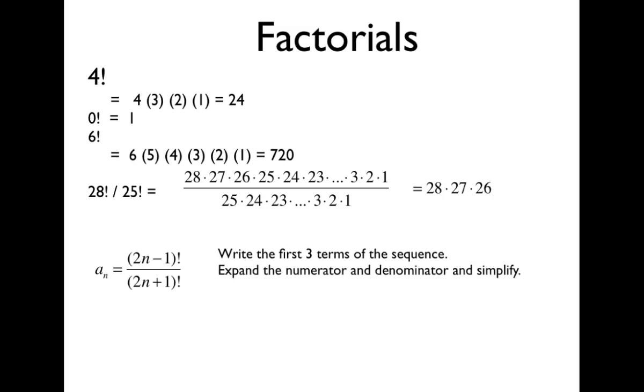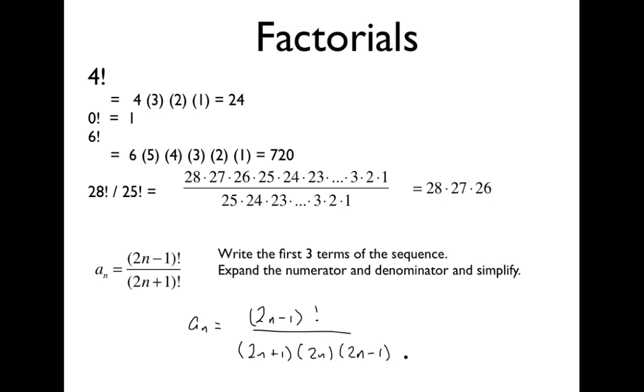So we want to do what Corey said and expand the numerator and the denominator and simplify this. So how can we rewrite a sub n? The denominator would be 2n plus 1 times 2n times 2n minus 1 factorial, right?